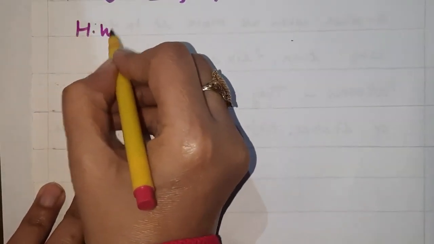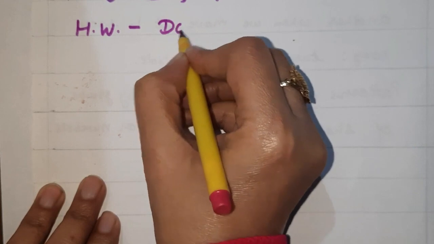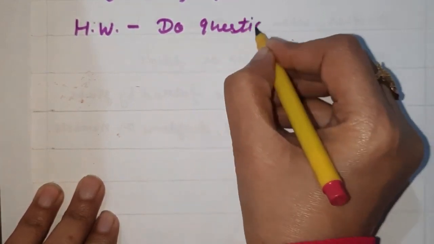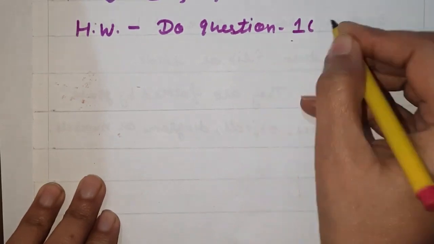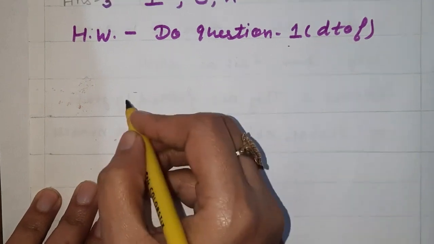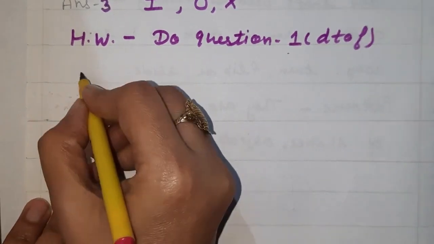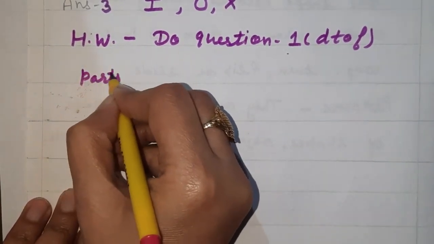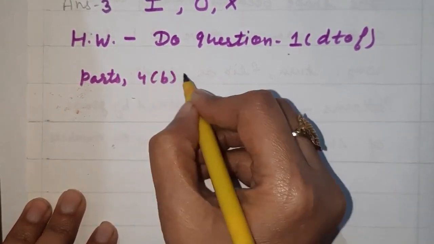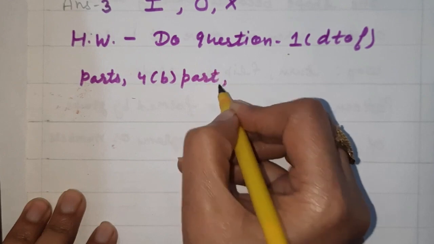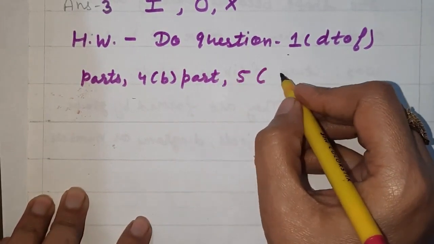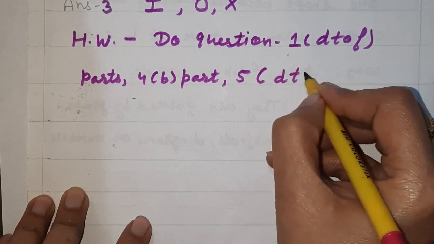It's time to take homework. Your homework is: question 1, D to F parts. Question 4, B part. Question 5, D to F parts.